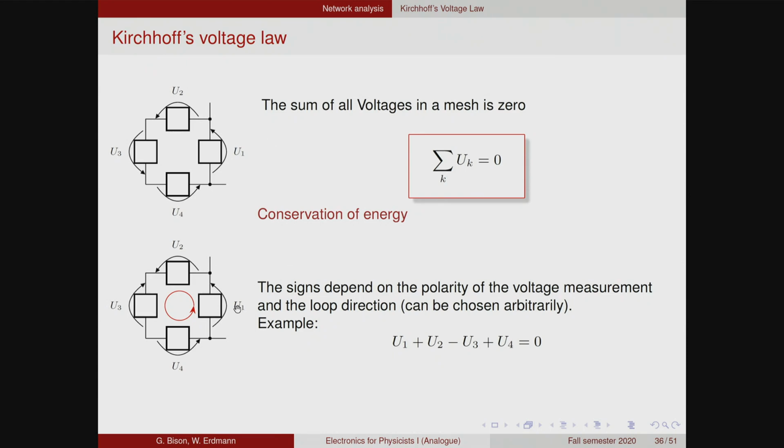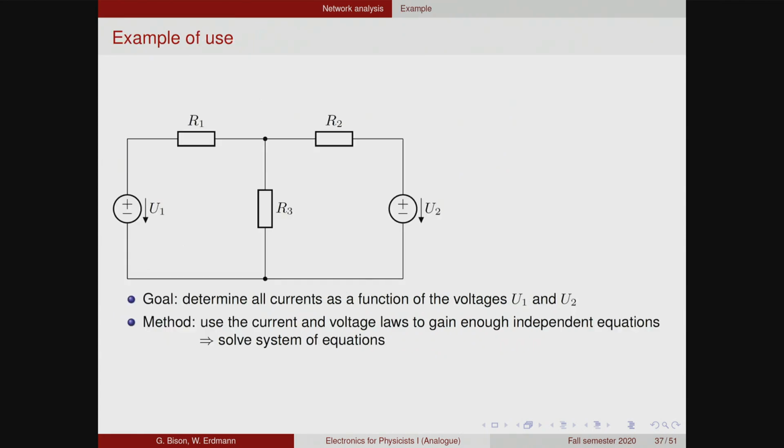If the sign conventions in your schematic are different, so for example, U1 is parallel to the sense of rotation, U2 is also parallel, U3 is anti-parallel, and U4 is again parallel, then we have to count 1 and 2 positive, 3 negative, and 4 positive again. Simply a thing you have to take into account.